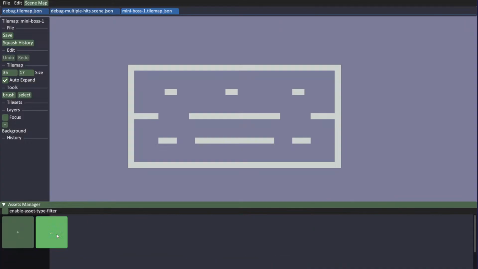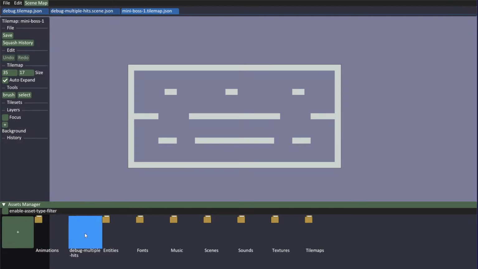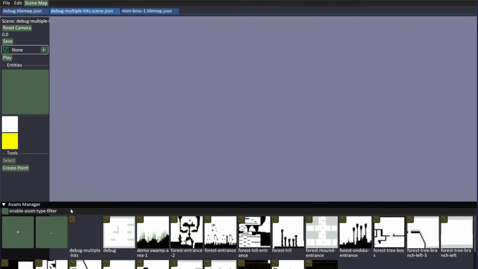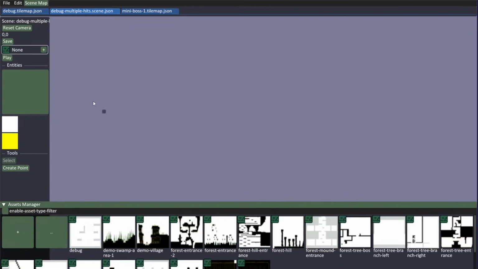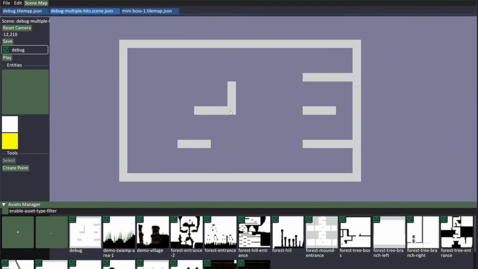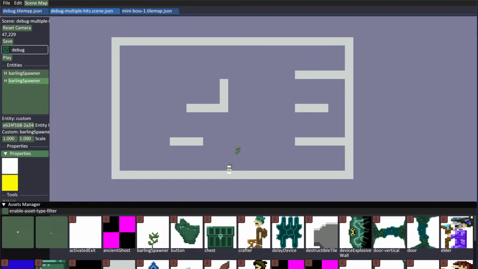And this one is supposed to be... Whoops. Okay, there we go. Scenes. Time maps. Debug. There we go. Alright. Entities. Okay.